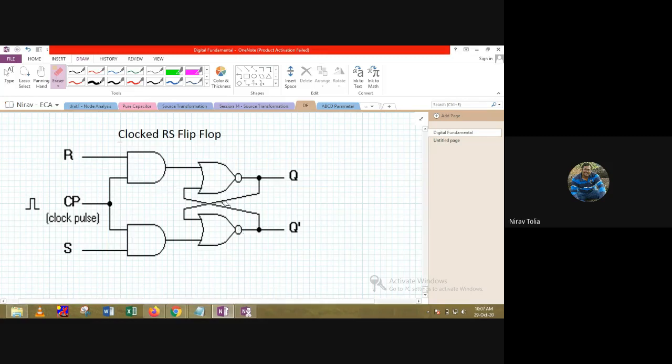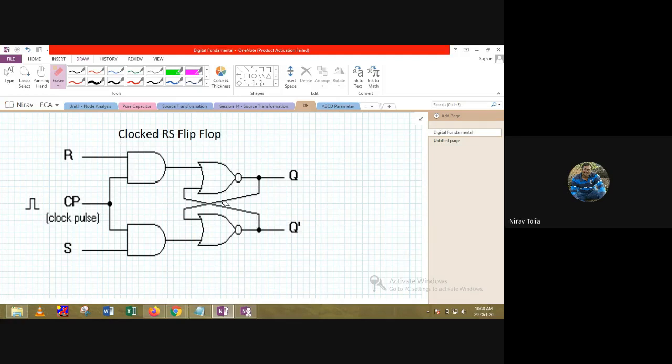Suppose we have an SR flip-flop only. So what are the states of the SR flip-flop? When S and R both are 0,0, my state is the no change state. And if S and R are 1,1, then my state is the indeterminate state, or invalid state.